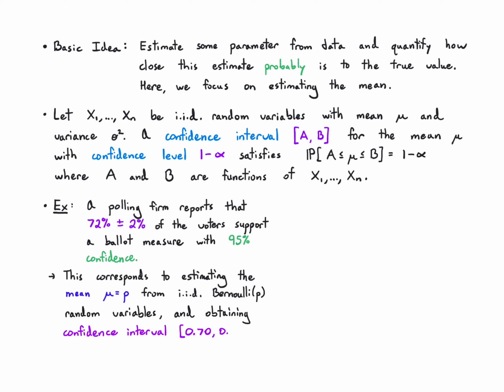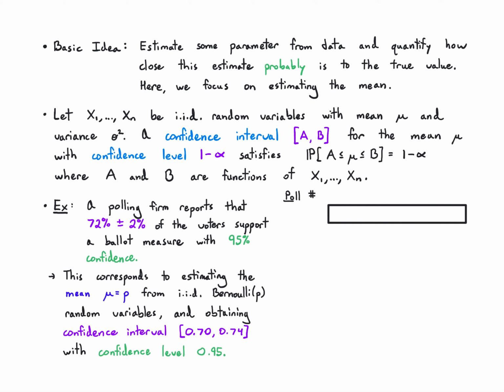So it's 0.7 up to 0.74, and you report this with confidence level 0.95. The important thing to know about this confidence level is it doesn't really help you understand whether this particular polling result is true or not. It's really with respect to an ensemble of polls.